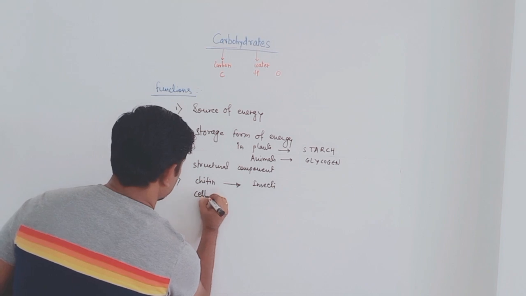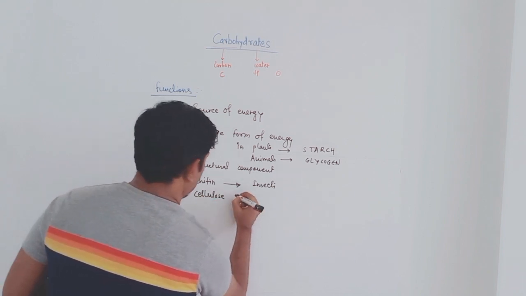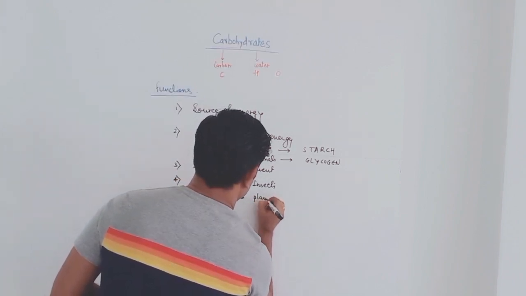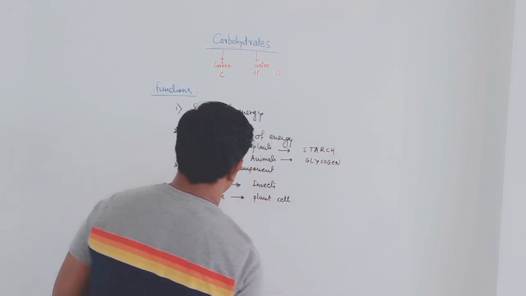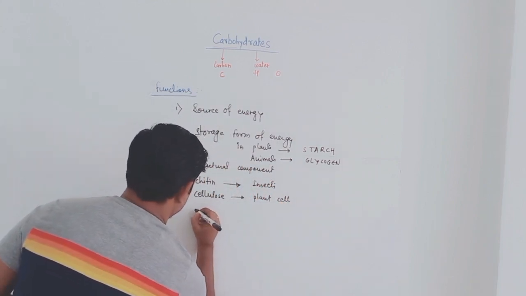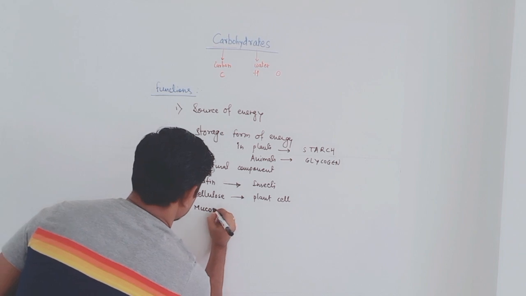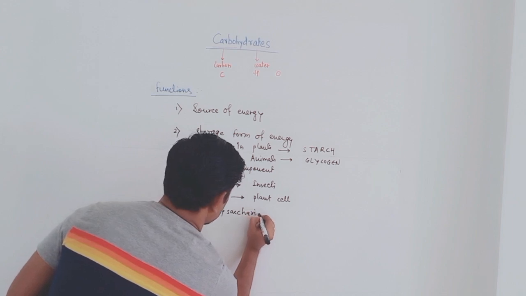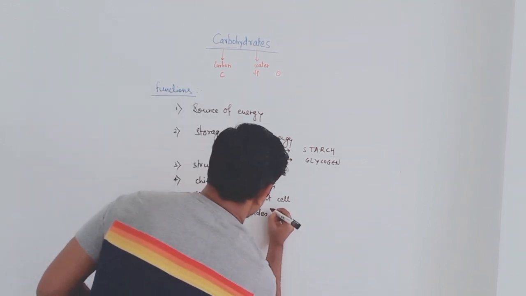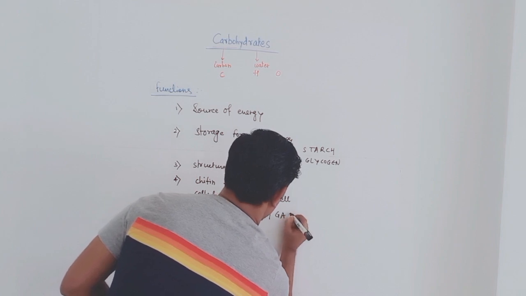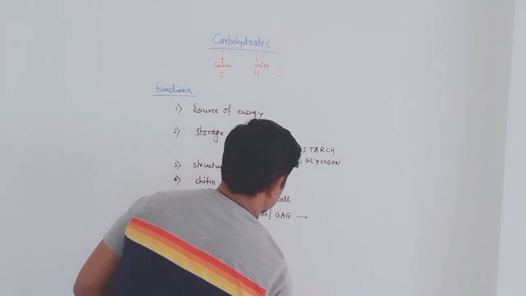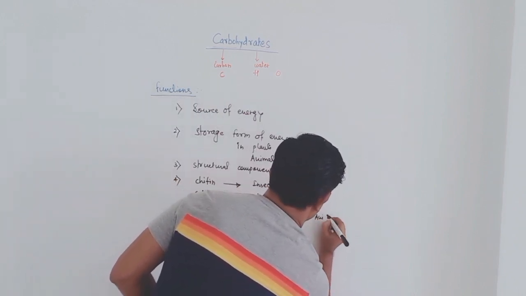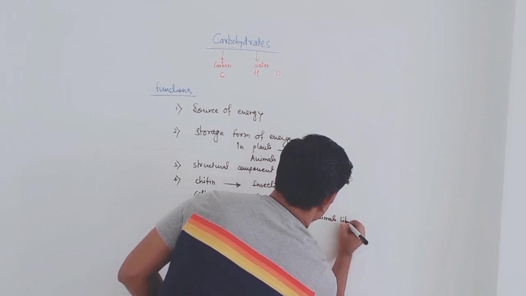Cellulose acts as a structural component of the plant cell. And glucopolysaccharides, which are also called glycosaminoglycans, also act as a structural component in higher animals like humans.